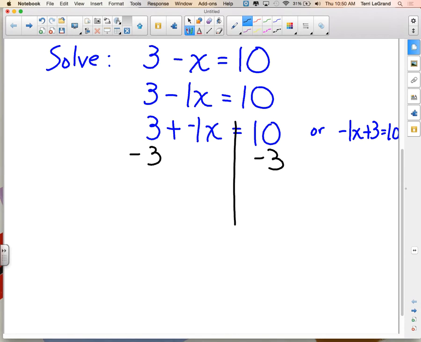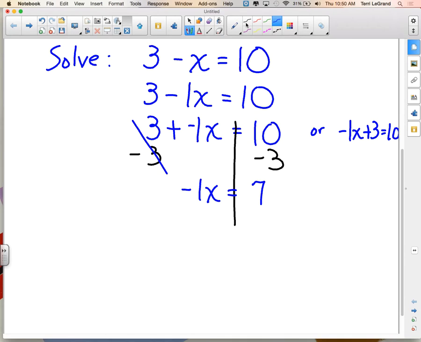Here we were just renaming it, getting it friendlier to work with. What do we end up with now? These cancel out. 3 take away 3, they are gone. That's 0. I have a negative 1x left equals 7.